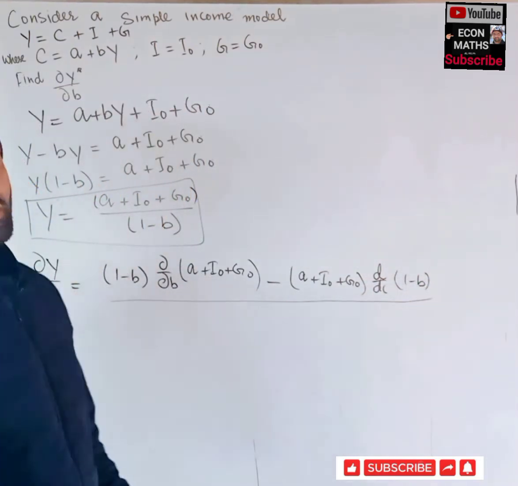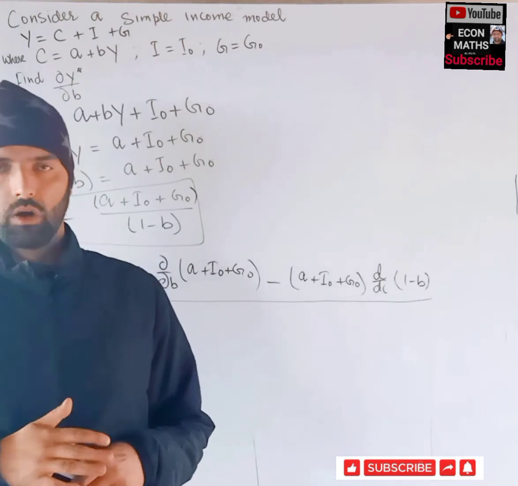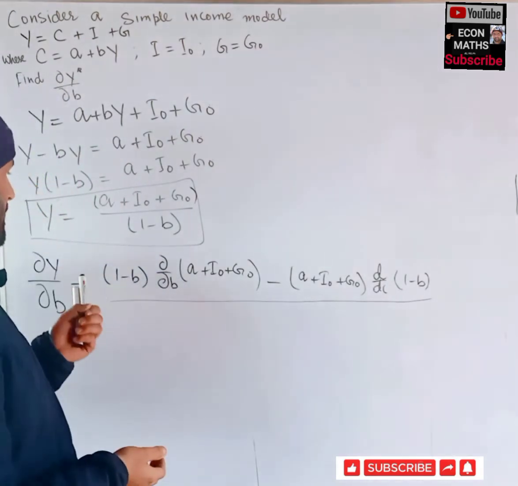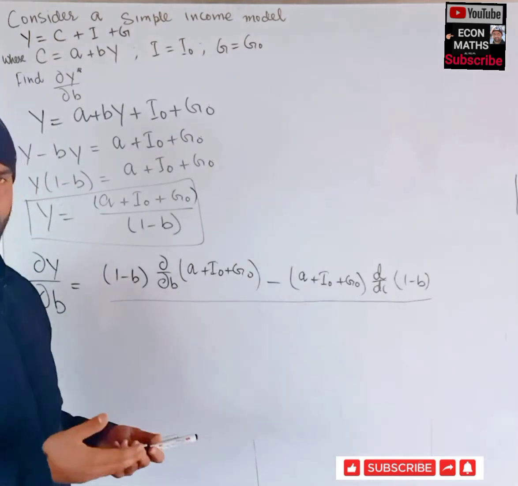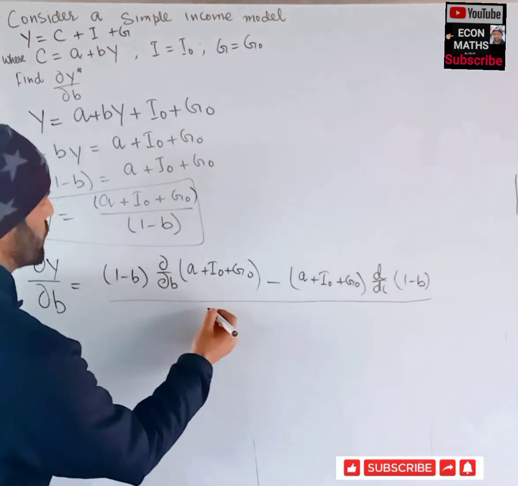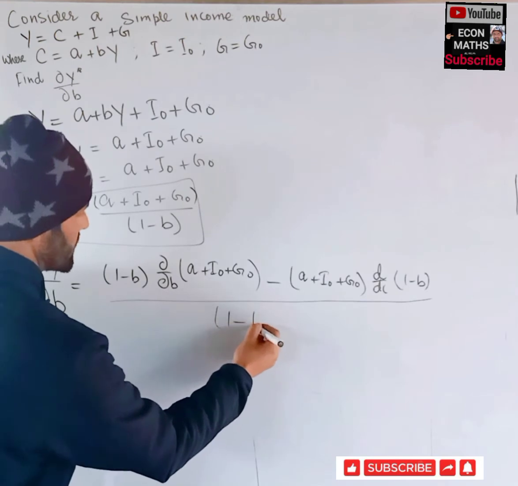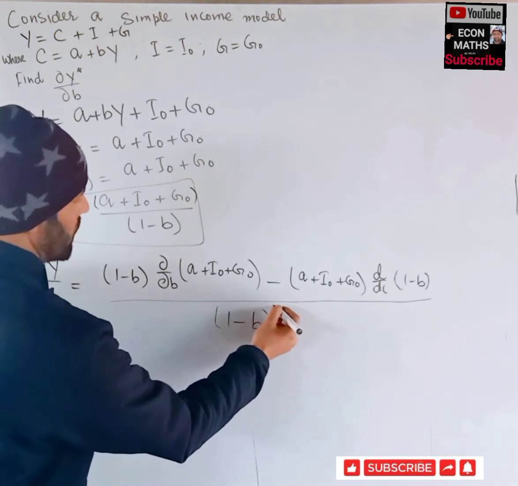Actually, in economics, we don't use the quotient rule frequently. So I will show you how we do this. That is divided by 1 minus b to the whole square.